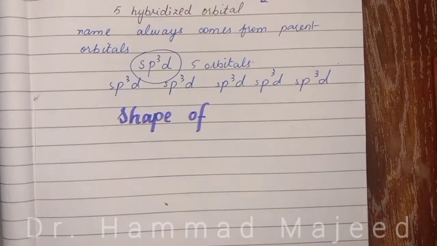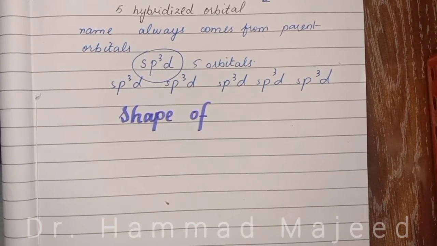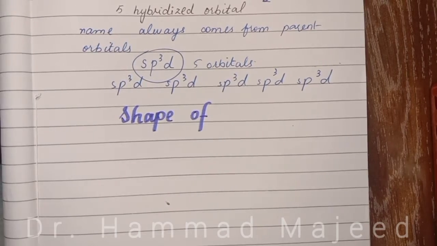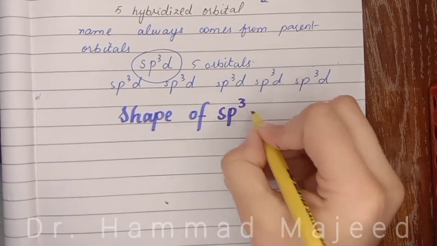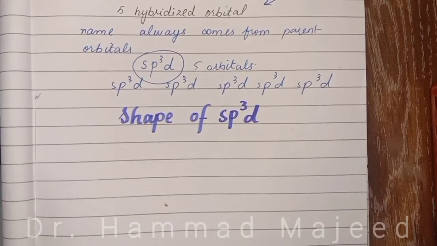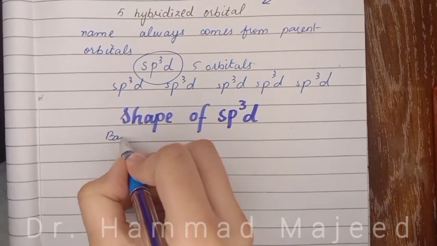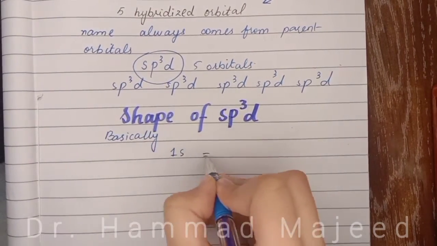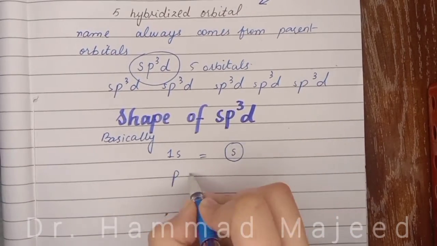Now getting towards the shape of the sp3d hybridized orbital, its shape is quite different from the other hybridized orbitals. Basically, the s orbital is of this shape.